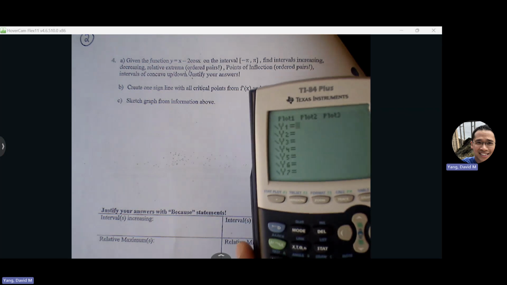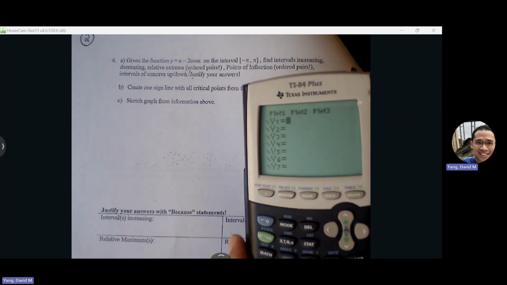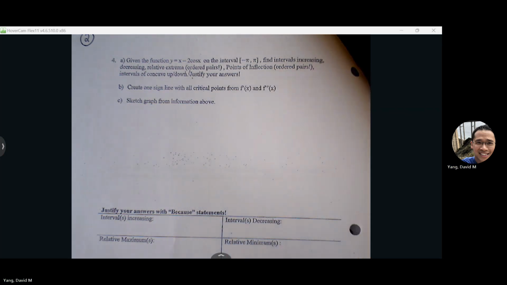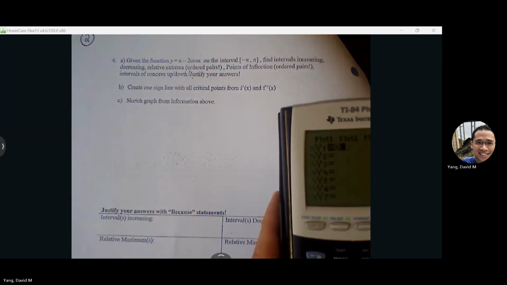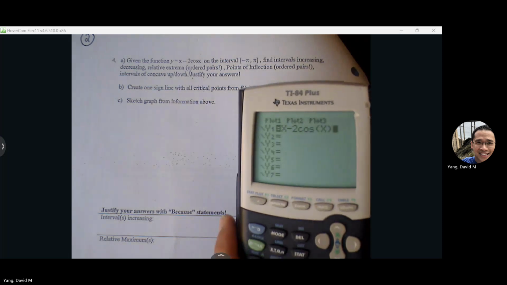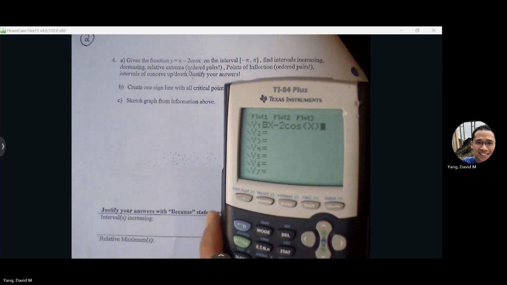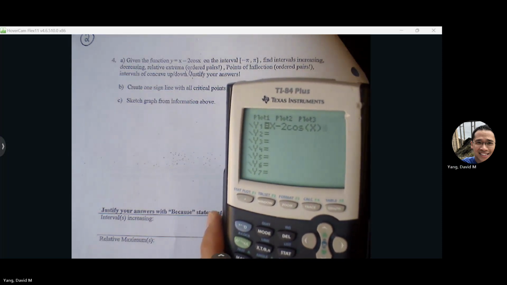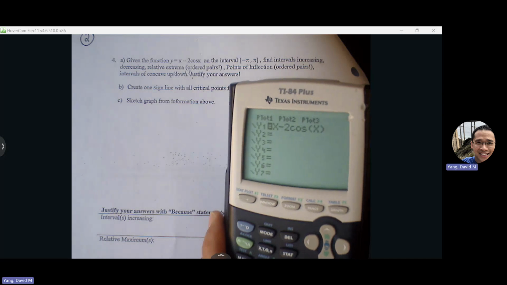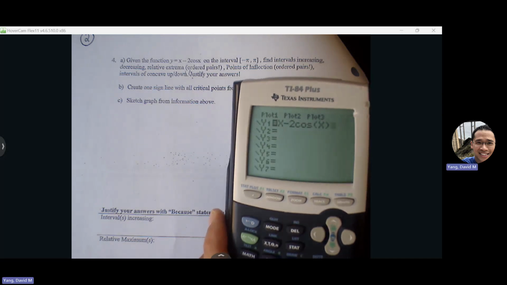Okay, so let's go to y equals and go ahead and type in that function. Interval is from negative pi to pi.